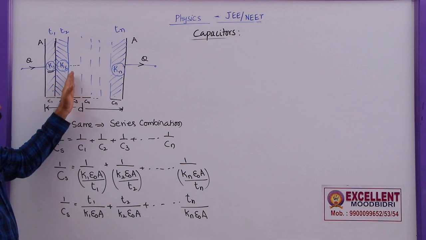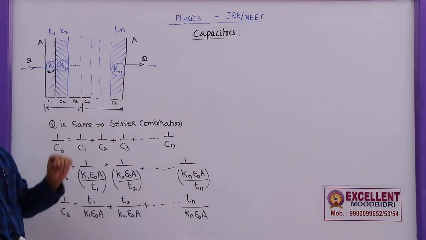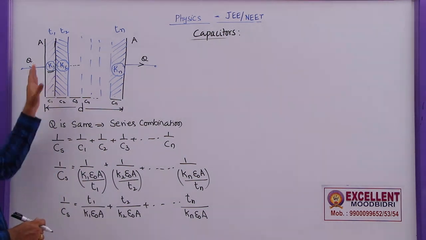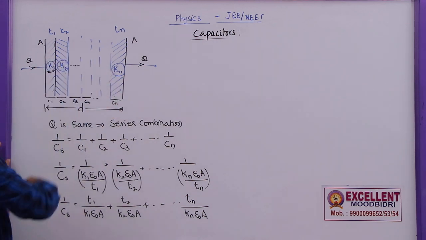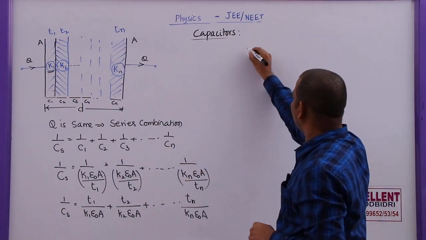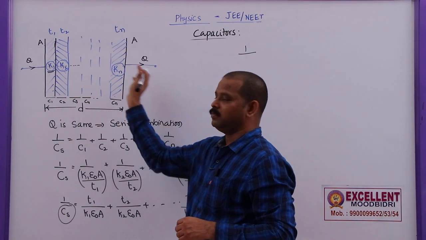But what is the effective capacitance of this one? Instead of so many slabs, if you insert a single slab between the two plates whose dielectric constant is K, then the area will be A only and the distance between the two plates d. So, the total effective capacitance will become, let me write, 1 by Cs, that is the total capacitance of this combination.